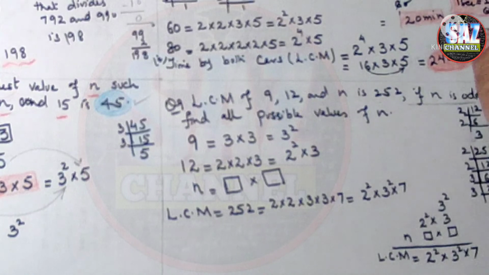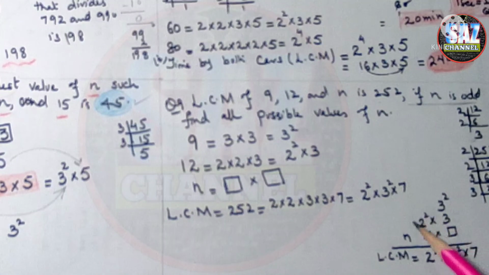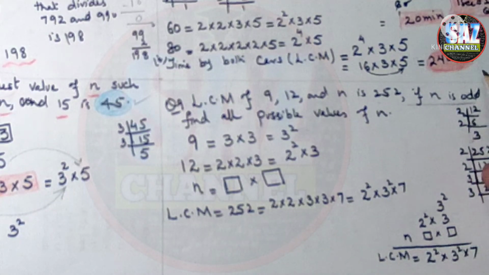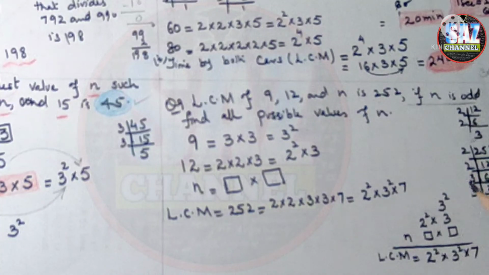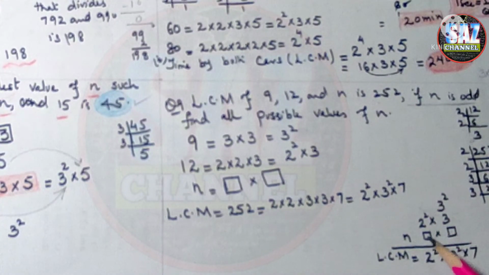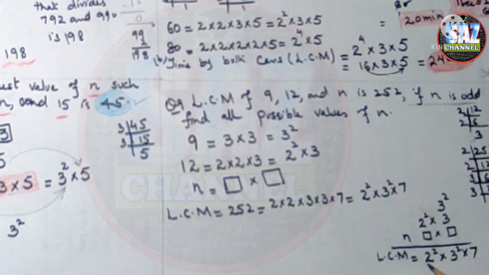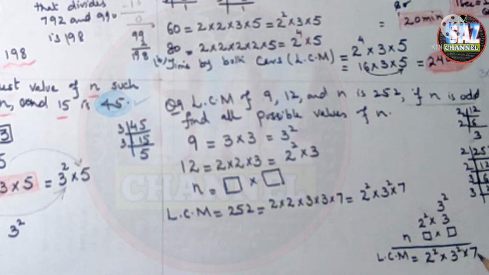So for that purpose, one point has to be really clear: we are not going to involve any power of 2 or any 2, because this is a rule: whenever we multiply some number, like if I take the odd number 9 and multiply it by 2, the answer comes even. 9 times 2 is 18, that is even. So there is no chance that n can take the value 2 or 2 square. So this 2 is discarded. Now we have to focus our attention on 3 and 7 because both are odd numbers.